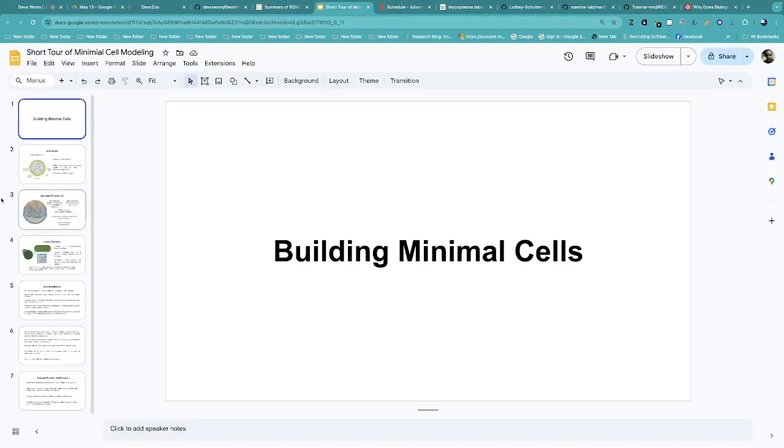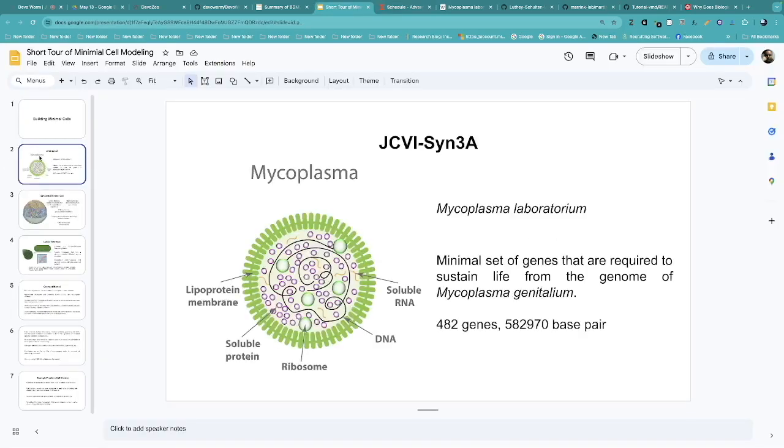So if I go back to the slideshow here, this is JCVI SYN3A. This is a mycoplasma, actually a species they call Mycoplasma laboratorium. This comes from Mycoplasma genitalium, which is a mycoplasma with a bigger genome. What they've done is knocked out the genes that are non-essential. They do these combinatorial knockdown experiments, where they basically test each gene.